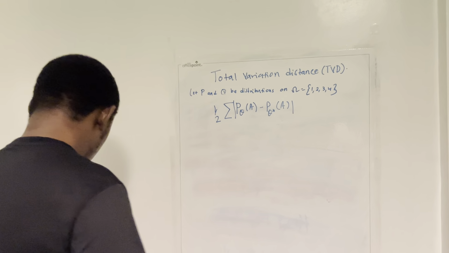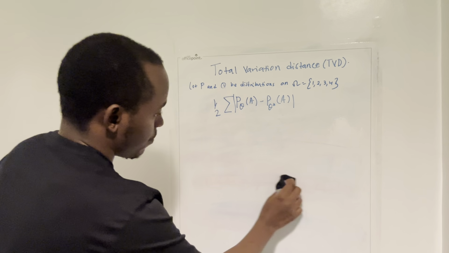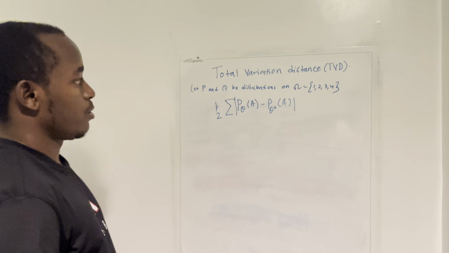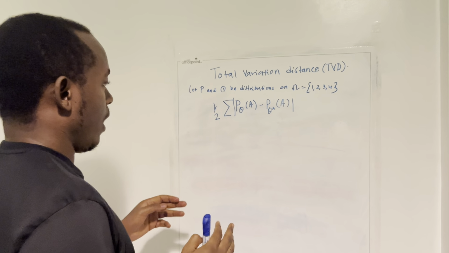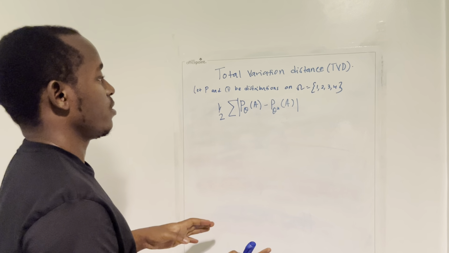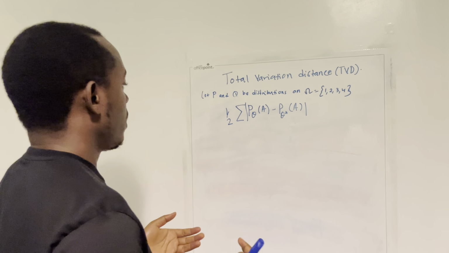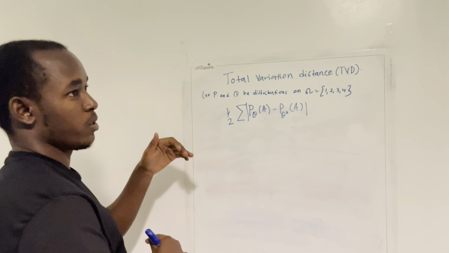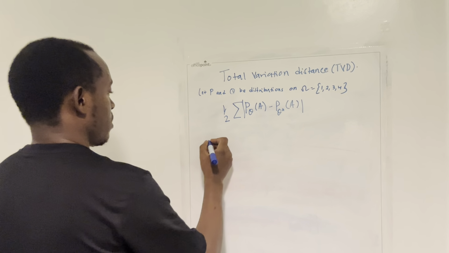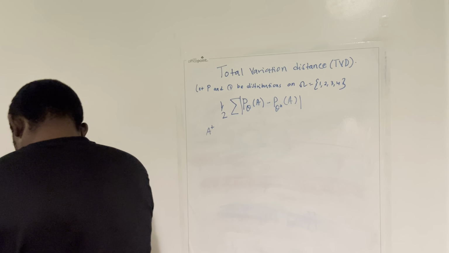So basically, how this formula is derived is we split. As you saw when we had our table, we had some values that were positive and some values that were negative. So what we are going to do is split those values into positive and negative.